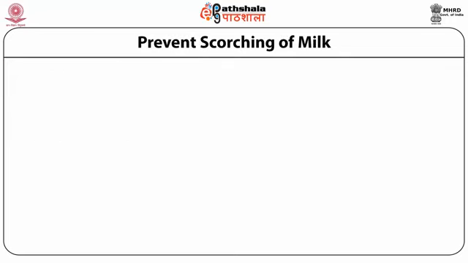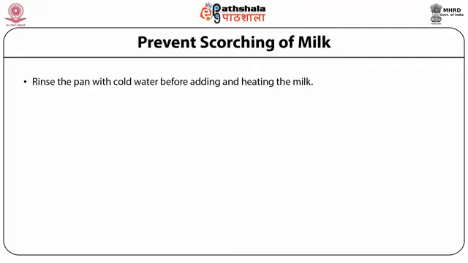The third concern with milk cookery is prevention of scorching of milk. As we have discussed, burnt flavor in milk products is unwanted. It reduces its acceptability. So to prevent scorching, the first thing we have to do is to rinse the pan with cold water before adding and heating the milk.